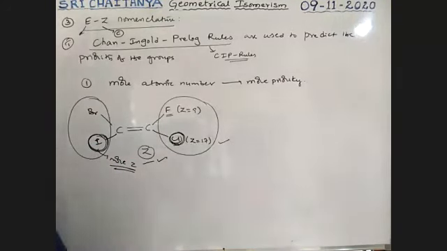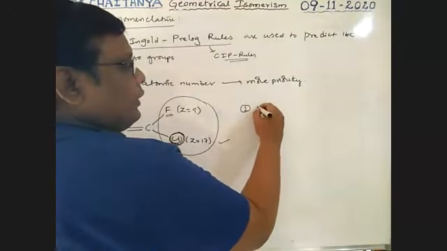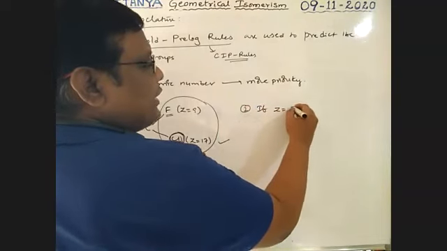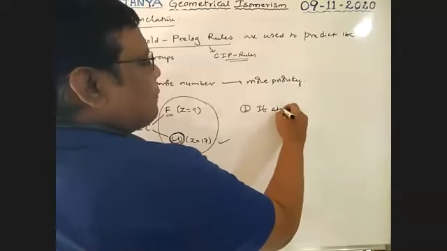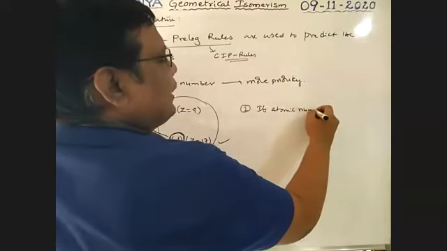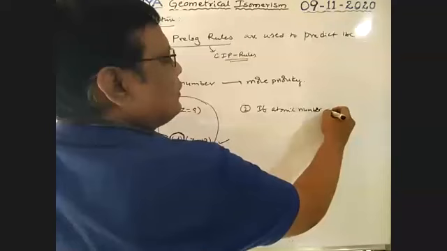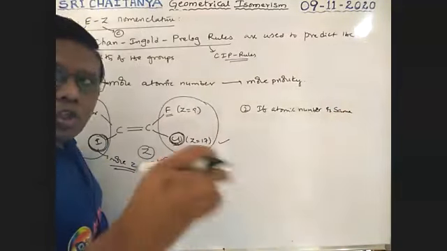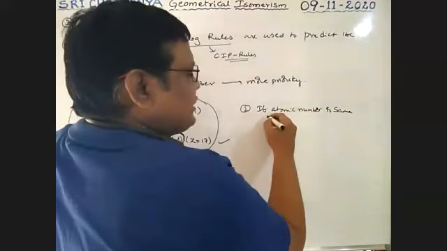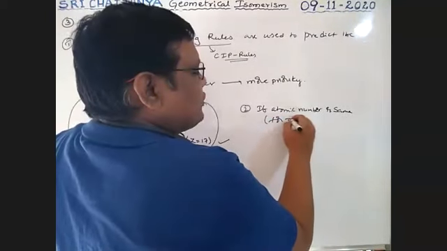Okay, second rule. If the atomic number is the same, sir, when the atomic number is the same, it is for isotopes.